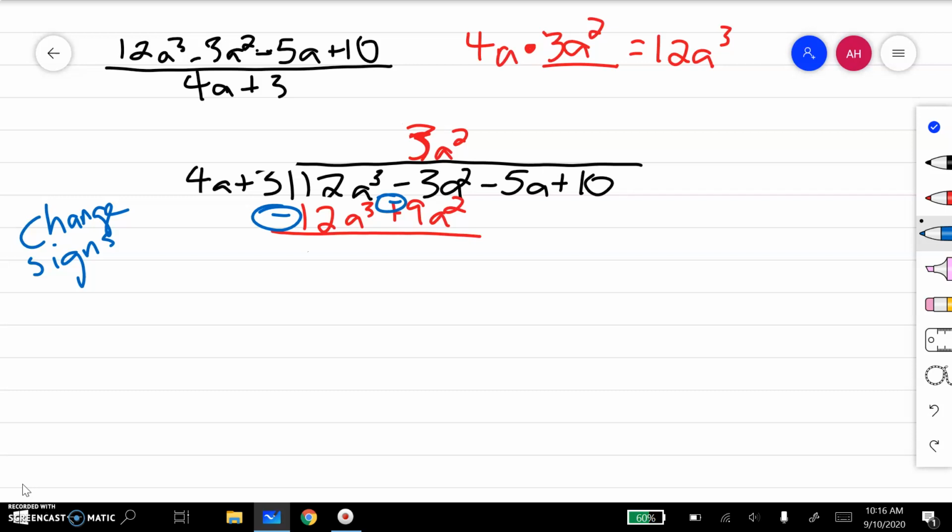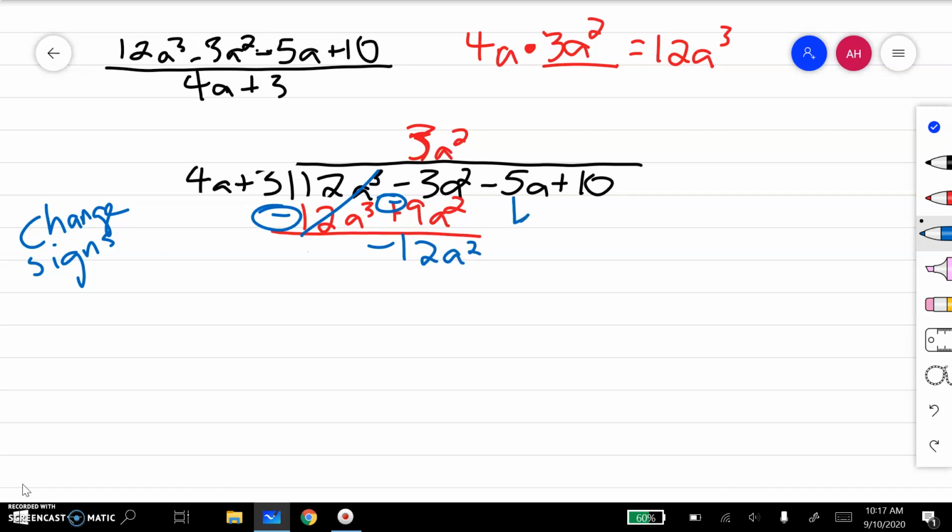I always circle the new sign so I can keep up with it. The biggest mistake I see here is not changing the signs, and that will throw off the whole thing. So 12a cubed minus 12a cubed cancels, which is what you want to happen every time. That first one should cancel. And then we have negative 3a squared minus 9a squared, which is negative 12a squared.